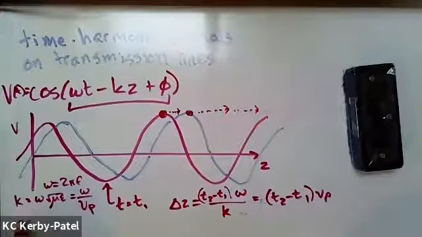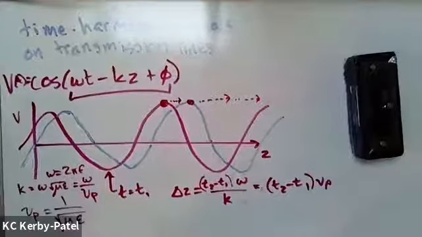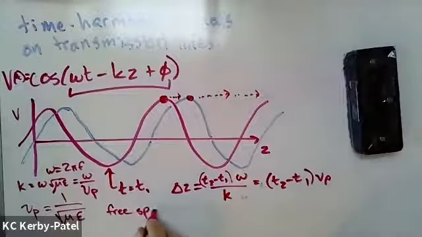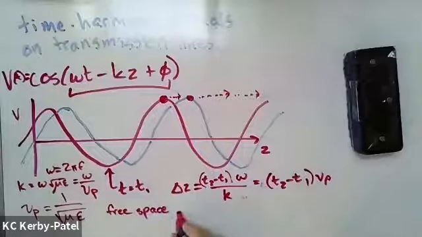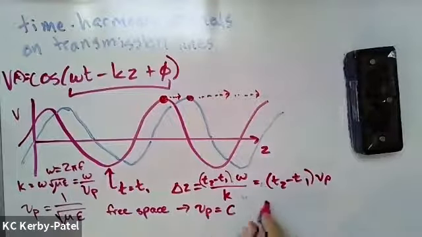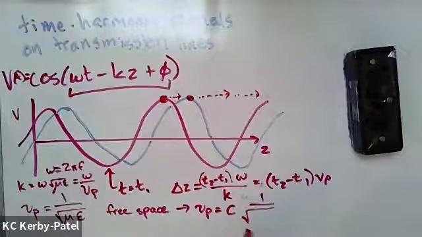As a reminder, we talked about this with plane waves: the phase velocity is 1 over the square root of mu times epsilon. And if you are in free space, the phase velocity is equal to c, the speed of light, which is 1 over the square root of mu naught times epsilon naught.